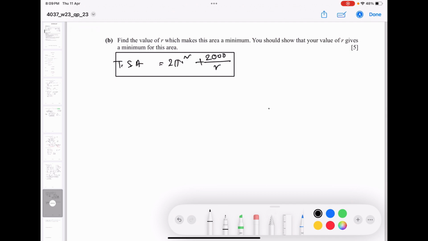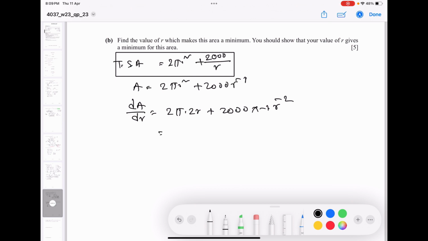Let me write A equals 2 pi r square plus 2000 r to the power minus 1. For finding the maximum or minimum, we should find dA by dr, that means 2 pi times 2r plus 2000 into minus 1 r to the power minus 2. That means 4 pi r minus 2000 divided by r square.